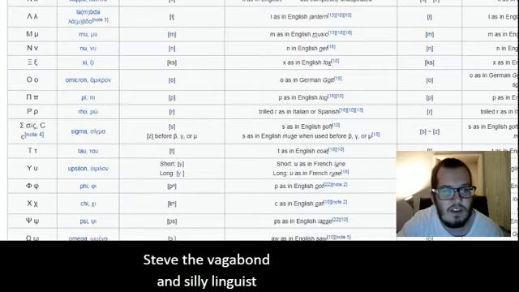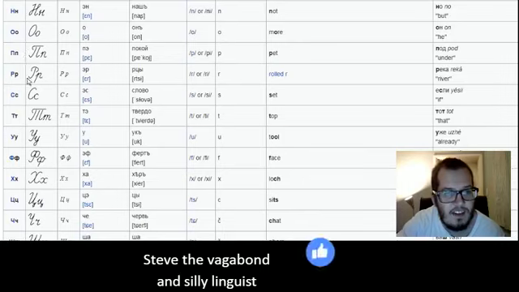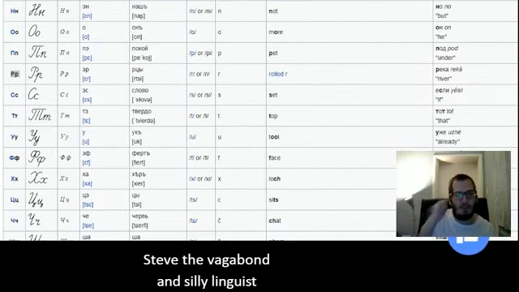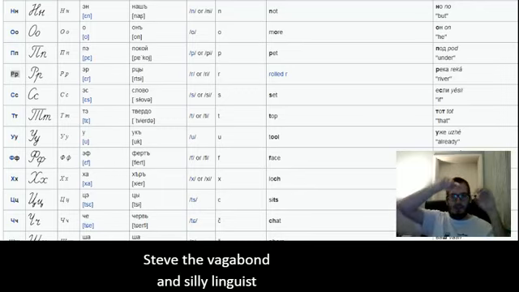You can see the similarity between that and that, and this looked like a P, and also looked like a P there. Then what happened is that in the Latin alphabet, the P ended up getting a little line on it, and that gave us the Latin R.